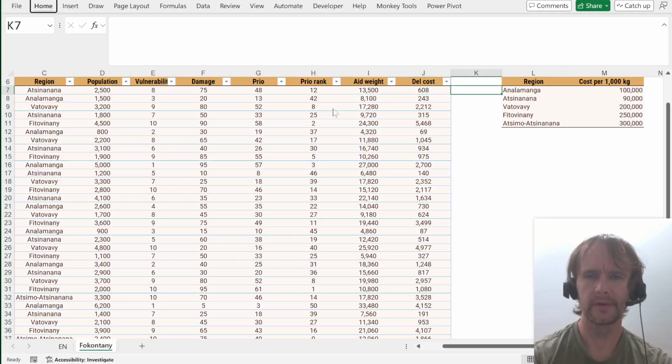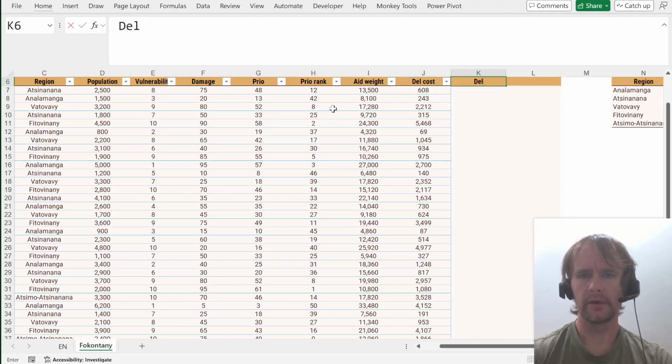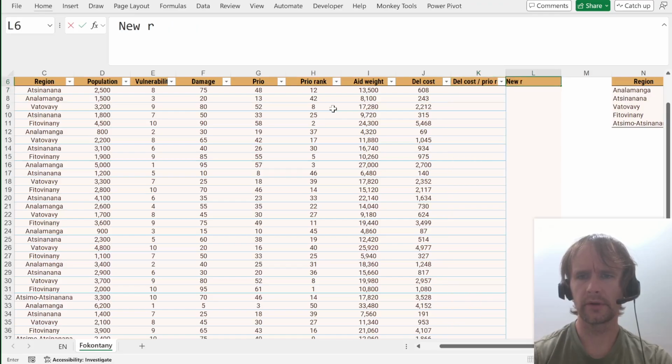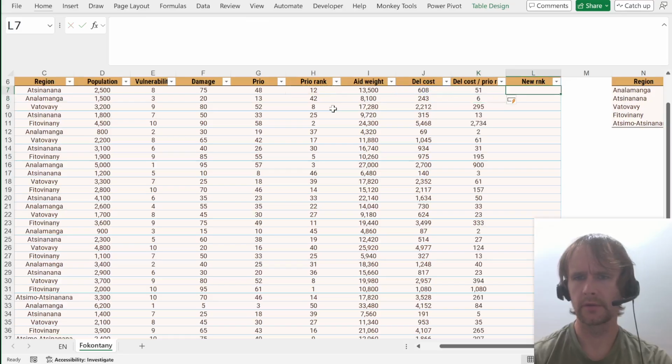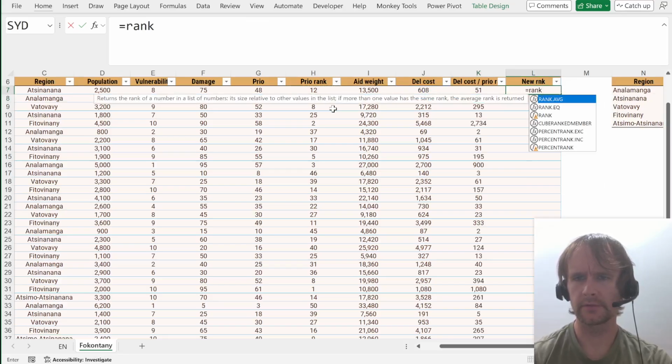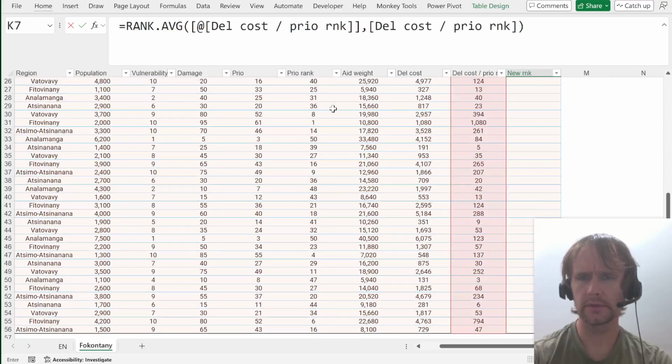Okay. Del cost over prior rank, new rank. So delivery cost divided by the priority rank, and then rank out of this.